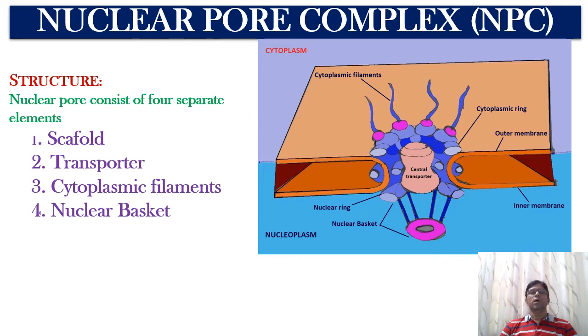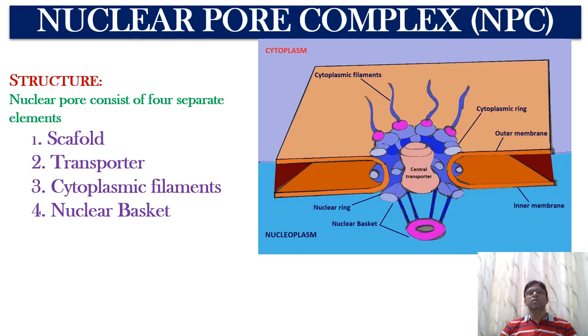The nuclear pore consists of 4 separate elements. They are scaffold, transporter, cytoplasmic filaments, and nuclear basket. Scaffold forms the majority of the pore.